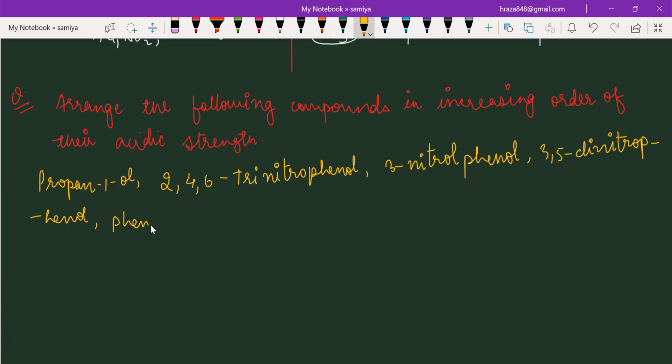Then only phenol. Then 4-methylphenol. So the trick in the question is simple. Acidic character is directly proportional to -I and -R, and inversely proportional to +I and +R. You just have to be careful about -I, +I, -R, +R. So please attempt it and let me know when you are done with this.